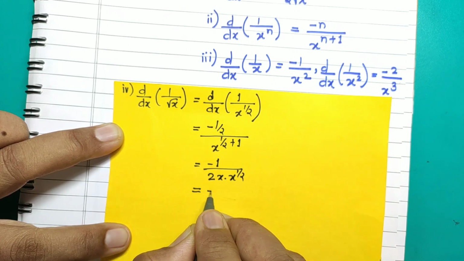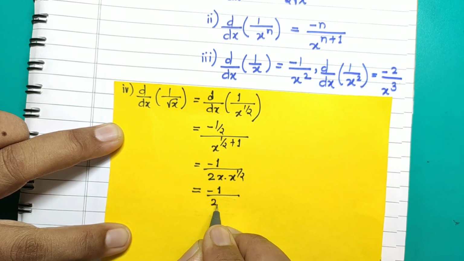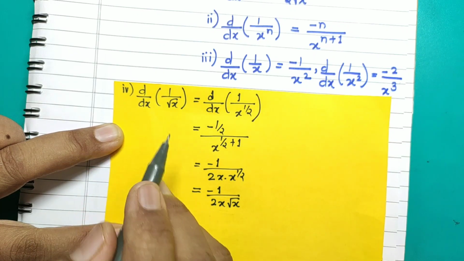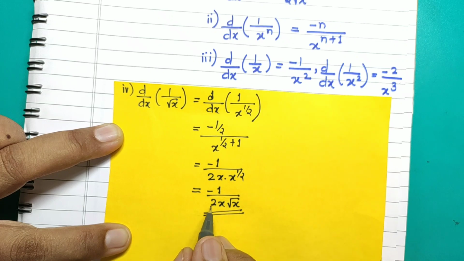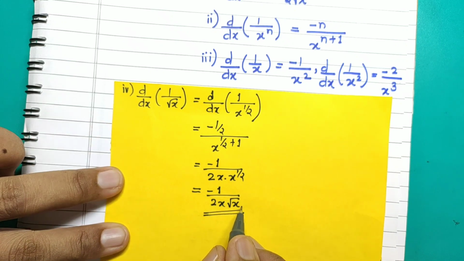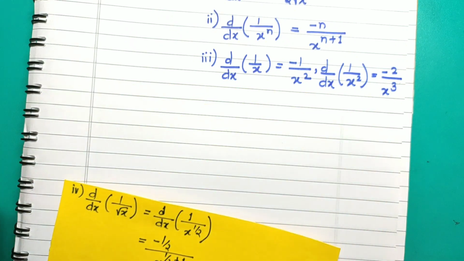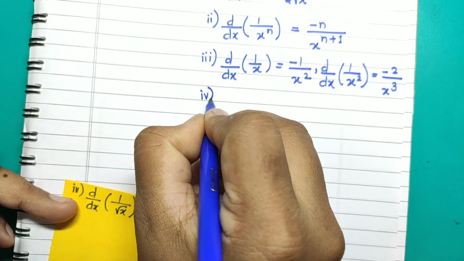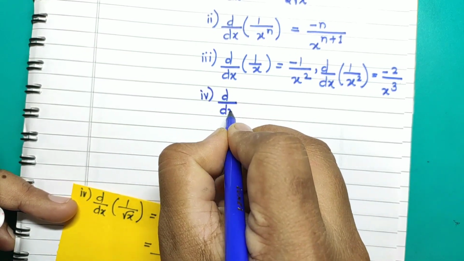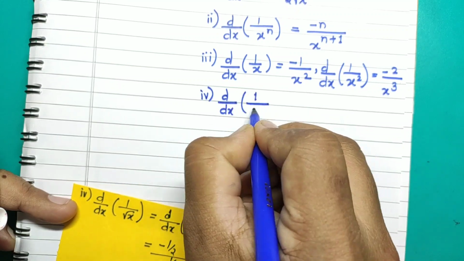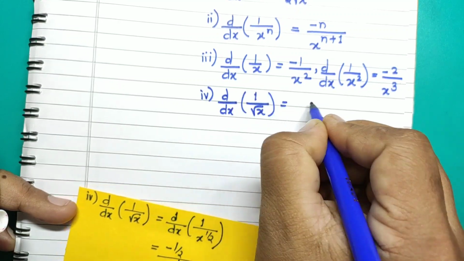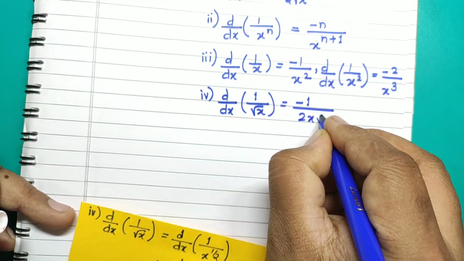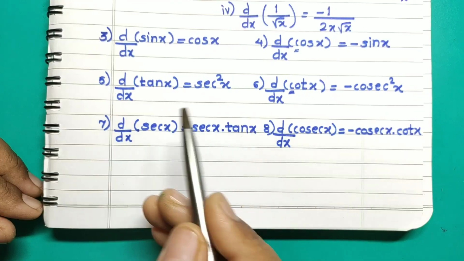So this is nothing but minus 1 upon 2x root x. So derivative of 1 upon root x is minus 1 upon 2x into root x. So let's add it to the list. Next, we have derivative of 1 upon root x as minus 1 upon 2x into root x.